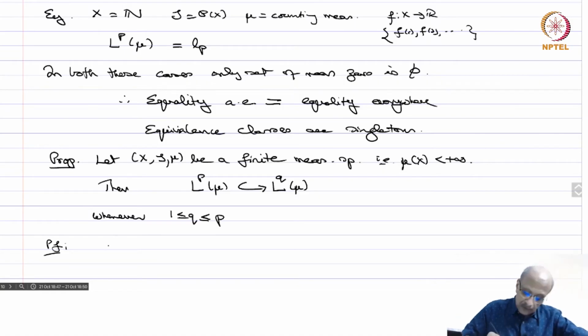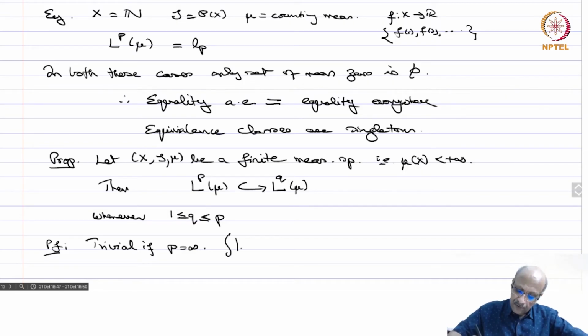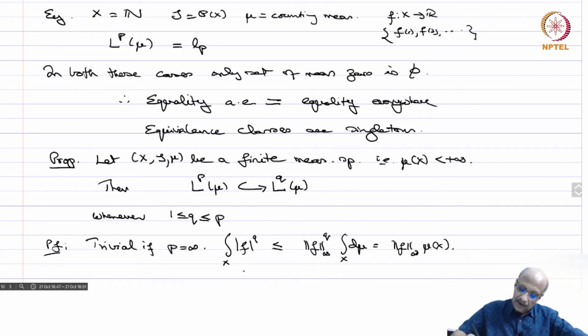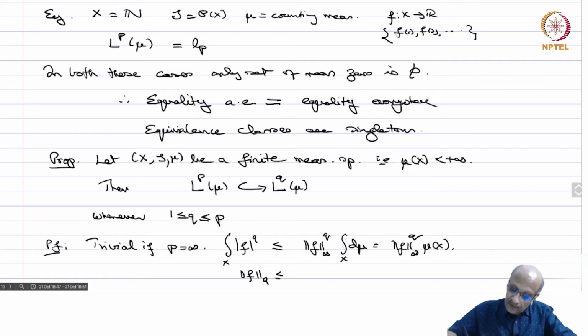Okay, so it is trivial if p is infinity, because you have the integral of mod f to the q is less than or equal to norm f infinity to the power q times the integral over X d mu, which is equal to norm f infinity to the q times mu(X), which is finite, and therefore you have norm f q is less than or equal to mu(X) to the power 1 by q times norm f infinity.